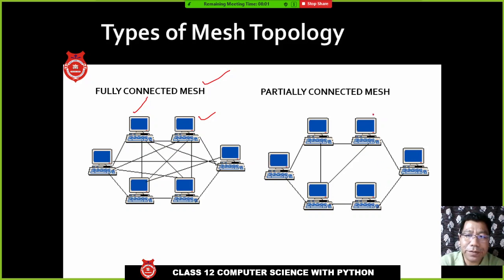As you can see, this computer is connected to this and this and this, but this is not connected to this and this. This is partially mesh. This mesh topology, especially the fully mesh topology, is the most reliable, and it is usually used in scientific networks and military applications.